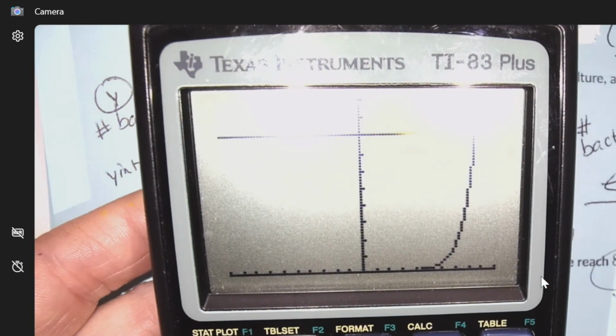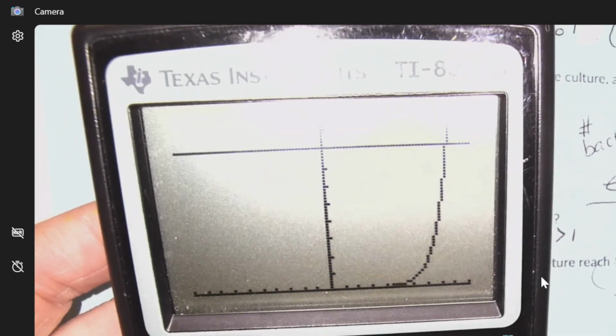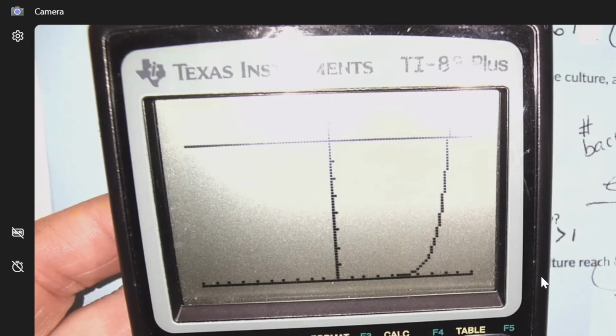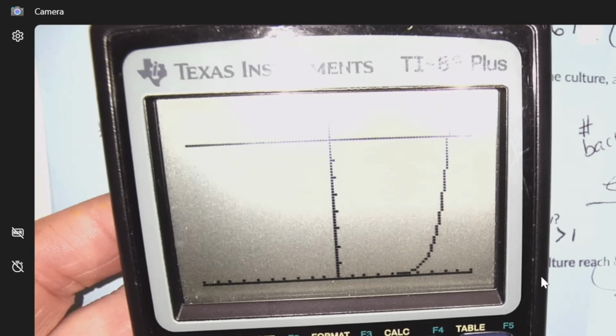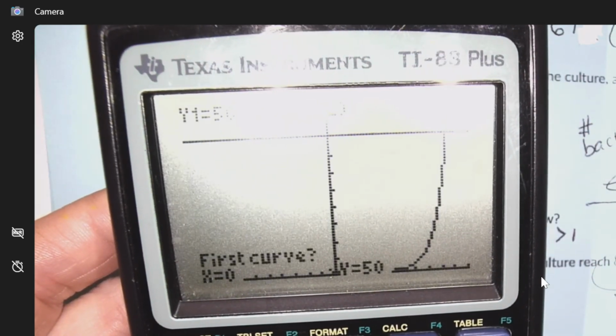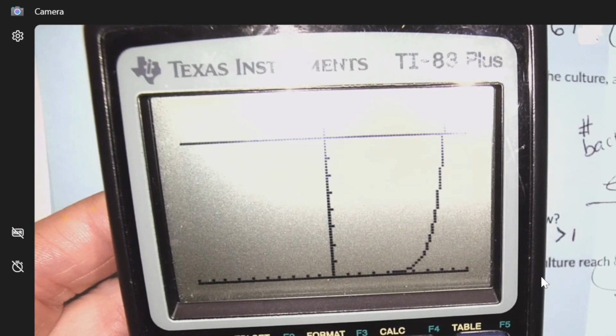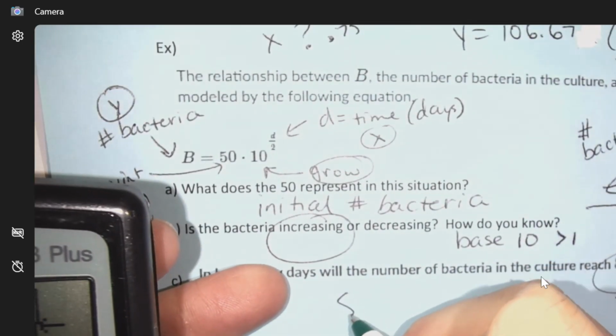Is it going to fit? Yep. Okay, we got our intersection, enter, enter, enter.